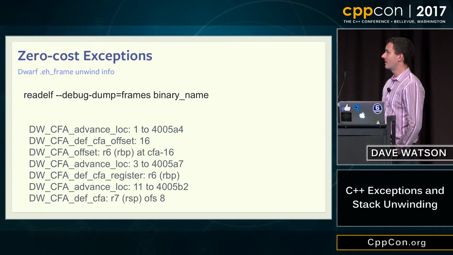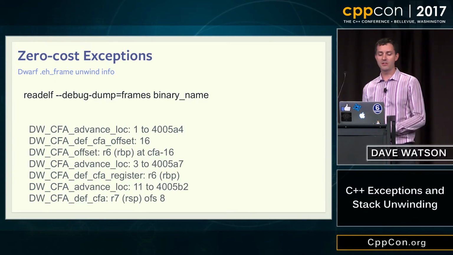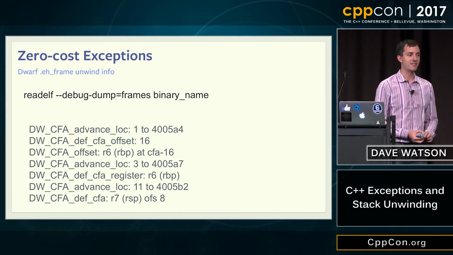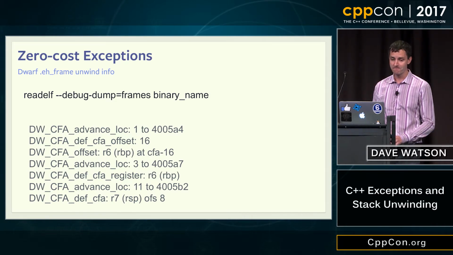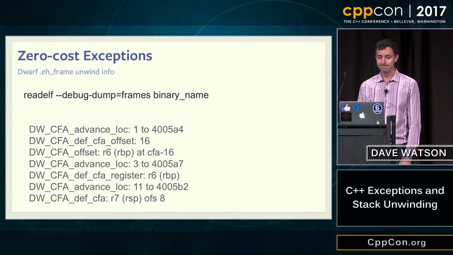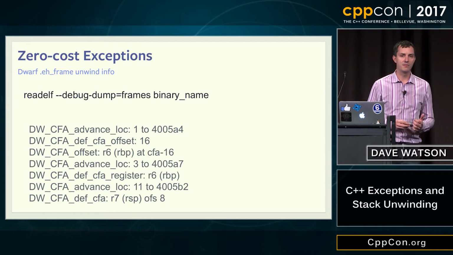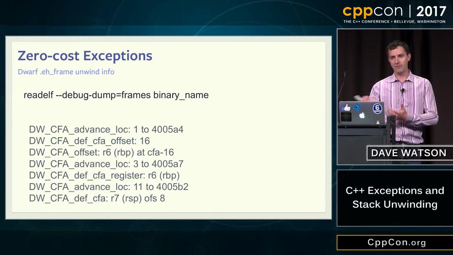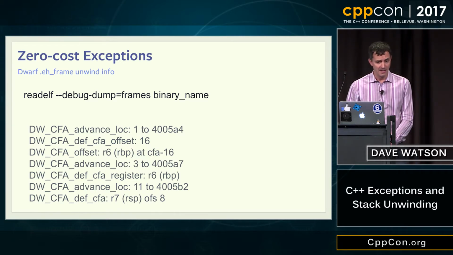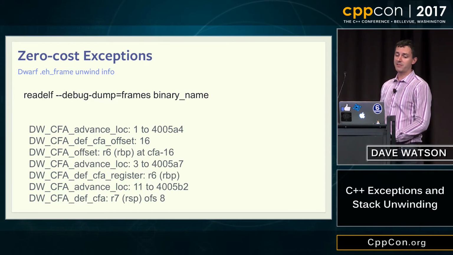So I'll just explain how some of these work. advance_loc is super easy. It just means advance one location in your instruction stream. So in this case, the first one is advance 1. The def_cfa, there's 3 of them up here, def_cfa_offset, def_cfa_register, def_cfa. These are defining what your frame pointer is, your canonical frame address. So normally you specify both the offset and register.